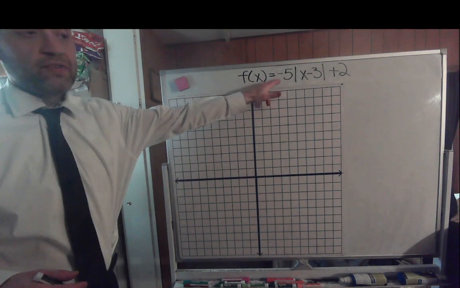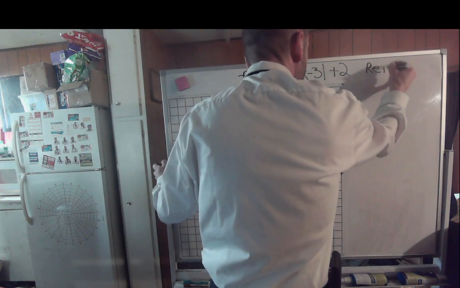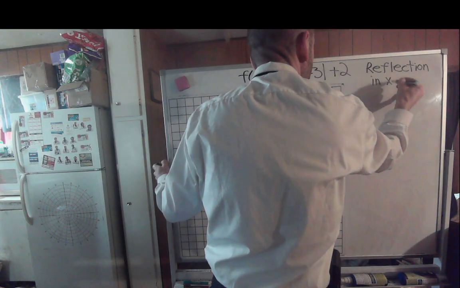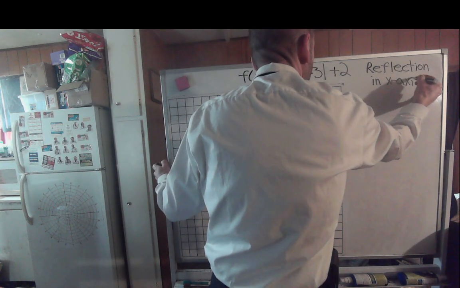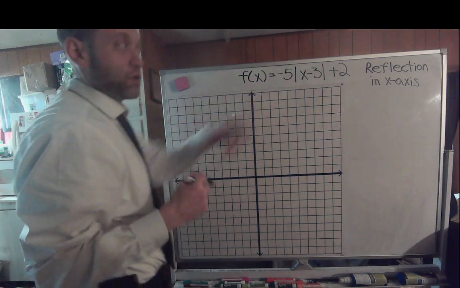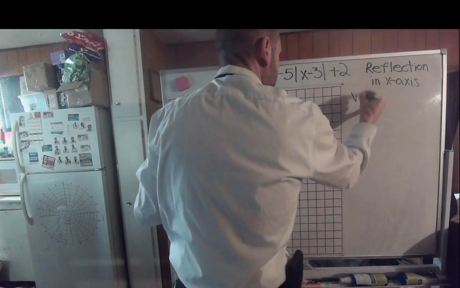Well, that negative on the outside means a reflection in the x-axis. We can ascertain that for sure. We do have a reflection in the x-axis. What else do we have? Now that 5 outside of the absolute value, that's a vertical stretch by a factor of 5.